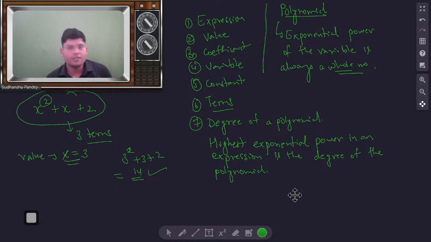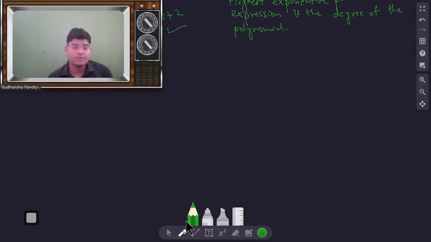Okay, so you understood what a polynomial is. I am giving you some examples of expressions that are not polynomials. When I write x square plus 1 by x, this is an expression, but this is not a polynomial.